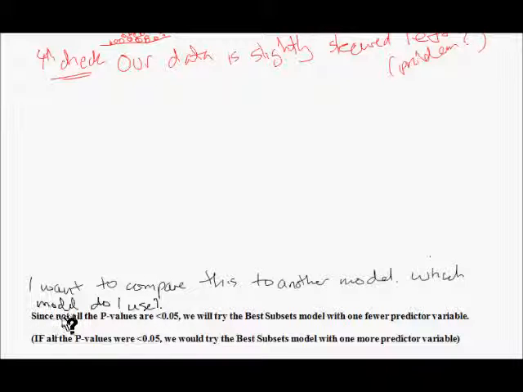Well, it depends on the p-values. If all the p-values are small enough, if less than 0.05, that means all the terms are good, or they seem to be good. Then you want to try another x, add another predictor. But if any of your p-values are bad, if they're not all less than 5%, which is the case we have here, then you probably want to try one fewer predictor. So the p-values tell you which way to go.